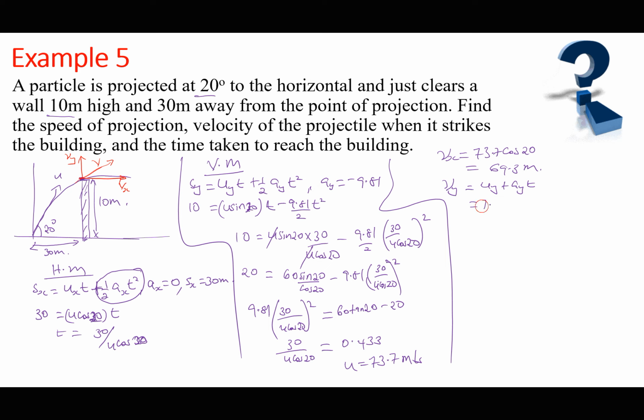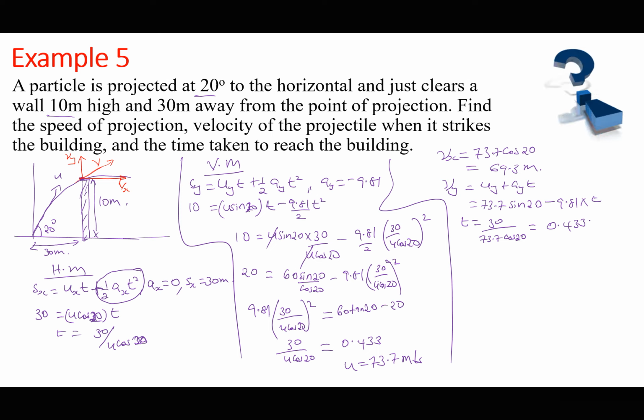Initial velocity in the y is 73.7 sine of 20, then minus 9.81 times t, where the value of t is 30 divided by 73.7 cos of 20. So t is 0.433. That is t.